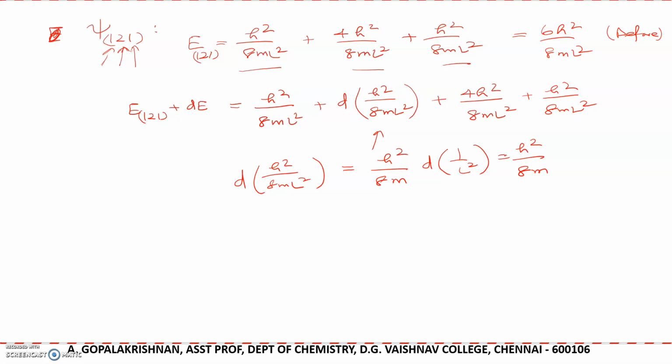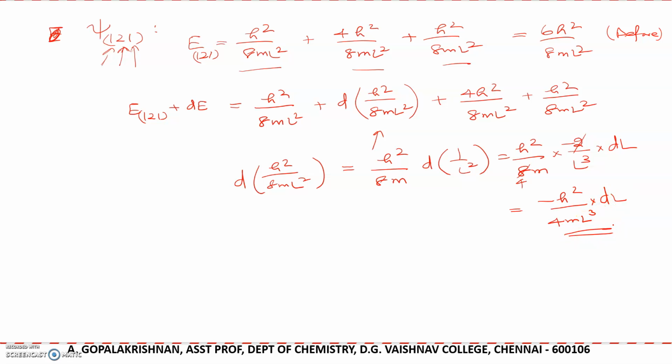If you differentiate 1/L², we will get -2/L³ into the differentiating quantity dL. So if you simplify this, 2 2s are 4, 4 2s are 8, so you'll get -h²/(4mL³) dL.